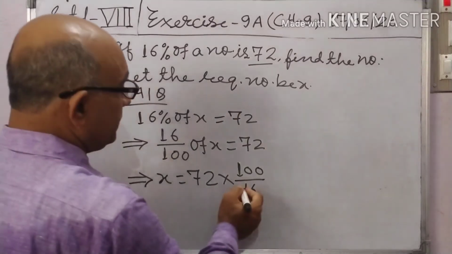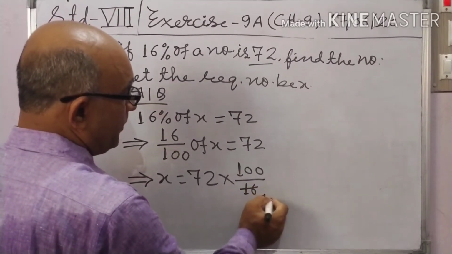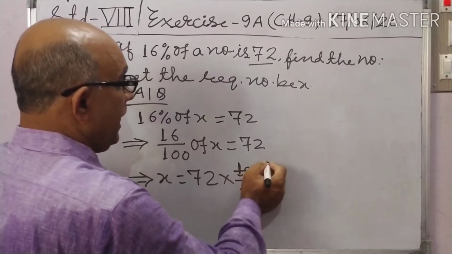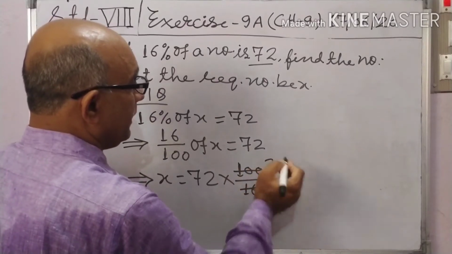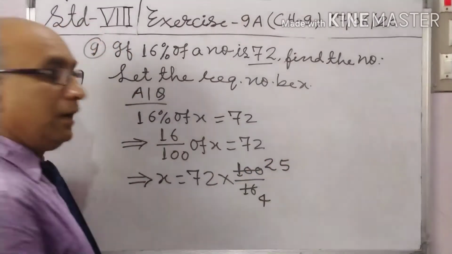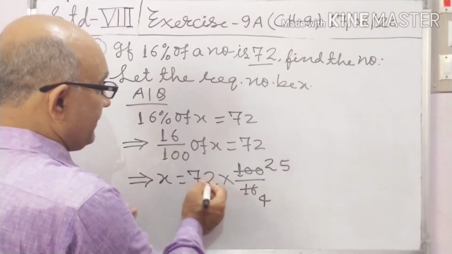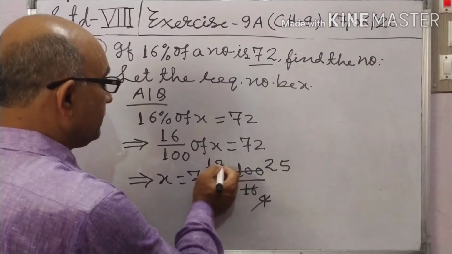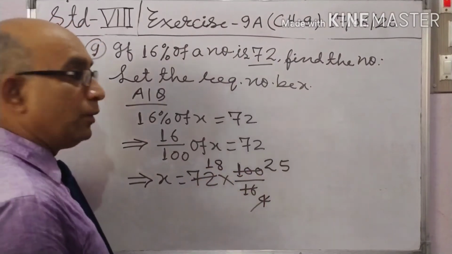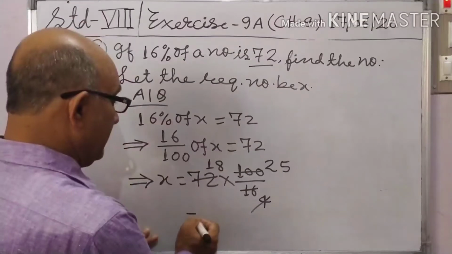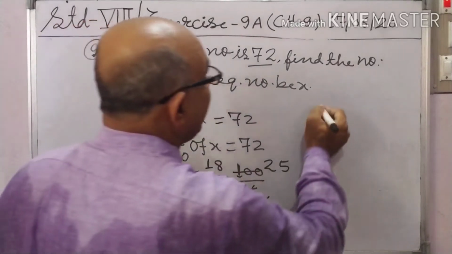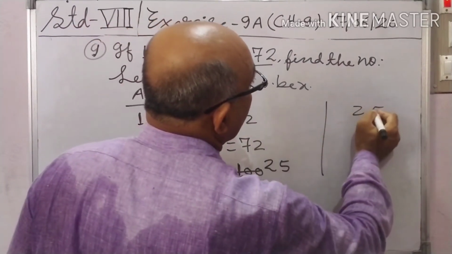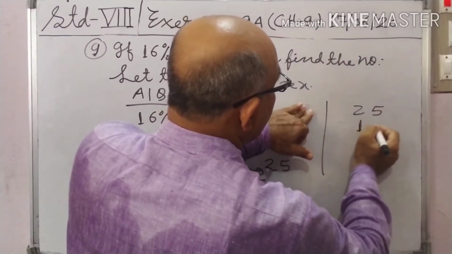Now cancel it 4 times: 4 for the 16 and 25 for the 100, and 72 divided by 4 is 18. So multiply here 25 and 18. 25 multiplied by 18.